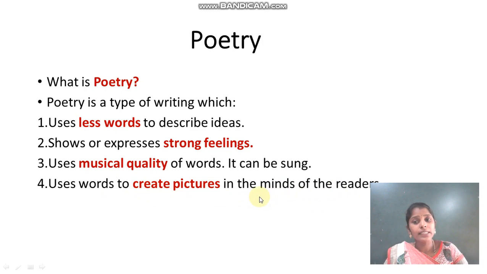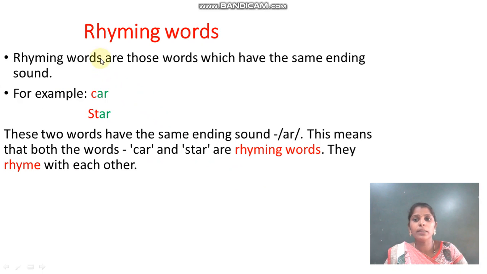Now, we are going to learn about rhyming words. Rhyming words are those words which have the same ending sound. For example, car, star.